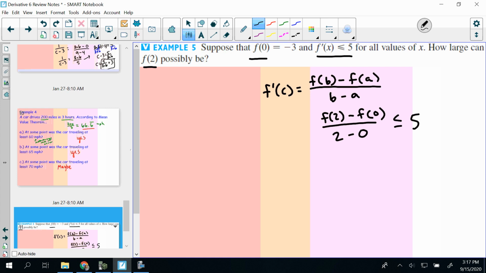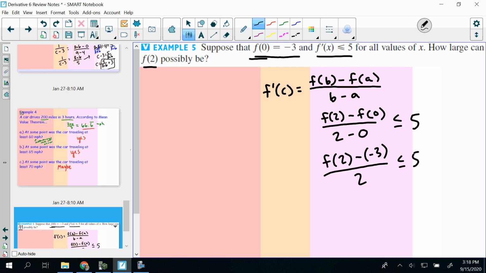All right. Next, what we want to do is try to fill in what we know here. The one thing we do know is f of 0 equals -3. So let's plug in that information. And then if we solve this, we should be able to say how large f of 2 can possibly be.